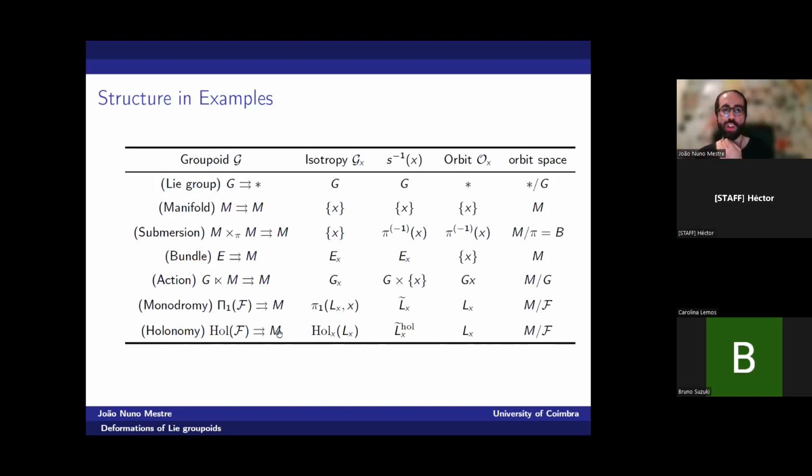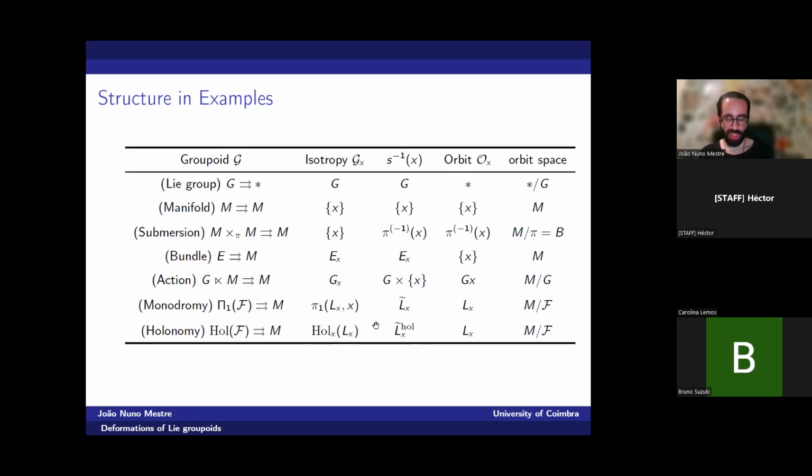If I take the holonomy groupoid, I will have another cover of the leaves called the holonomy cover, and the corresponding isotropy group, which is the holonomy group of transformations that start and end at the same point. Okay, just to give you an idea of what sort of geometric pieces might be involved here.